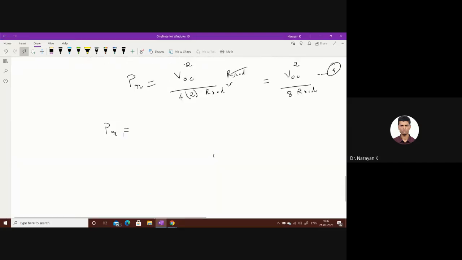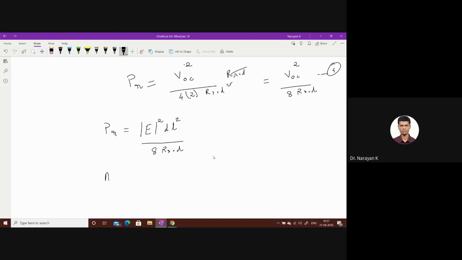So I'll substitute here. We know that VOC is E times DL, so this will be E modulus value DL. This is squared, because it is VOC square divided by 8 times radiation resistance.